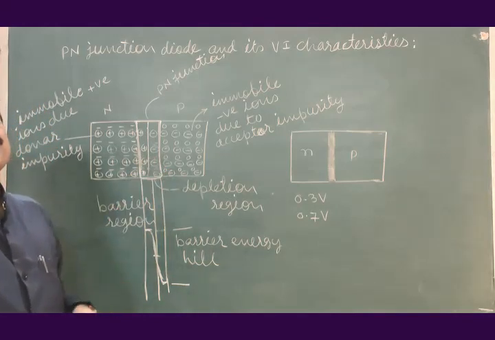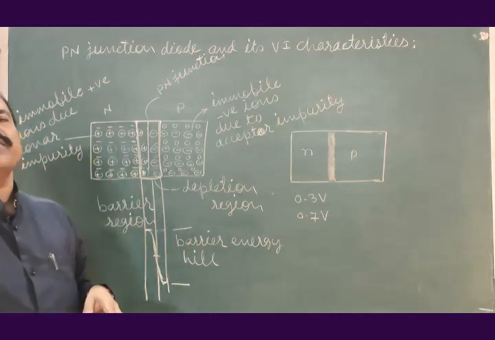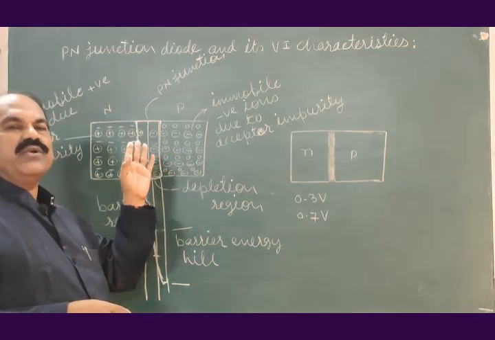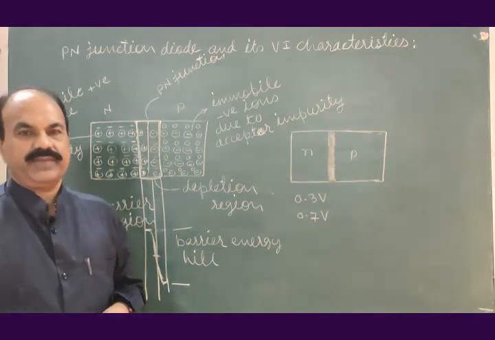As opposition is overcome, electrons can freely go from n type to p type, and holes can easily go from p type to n type.